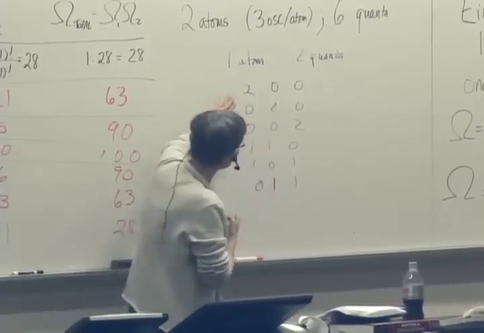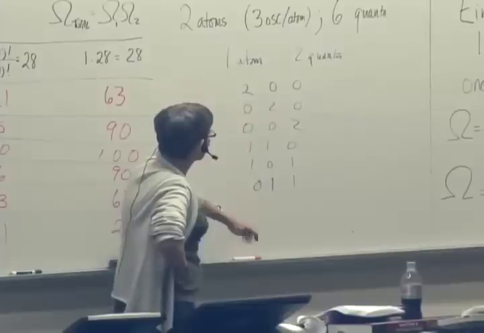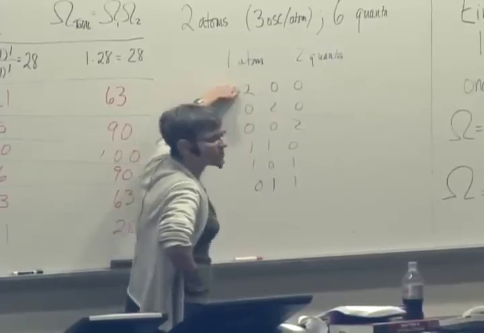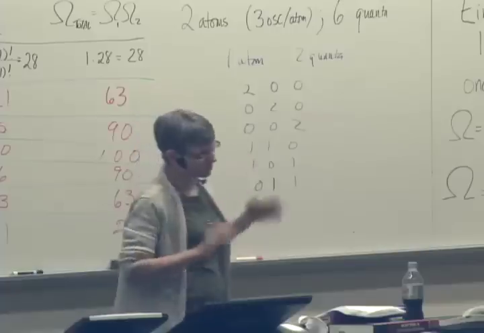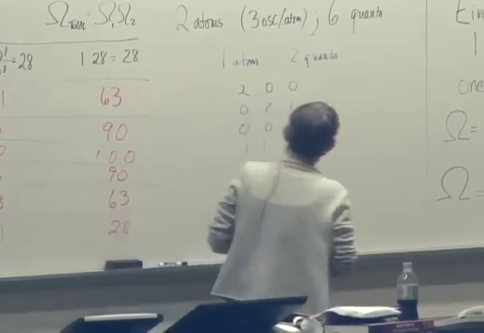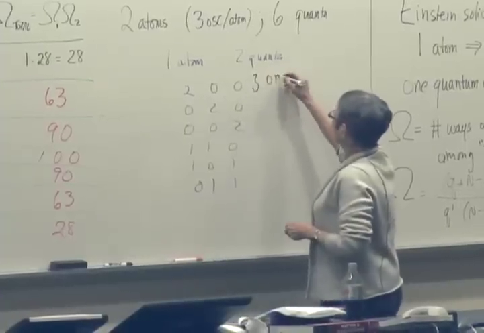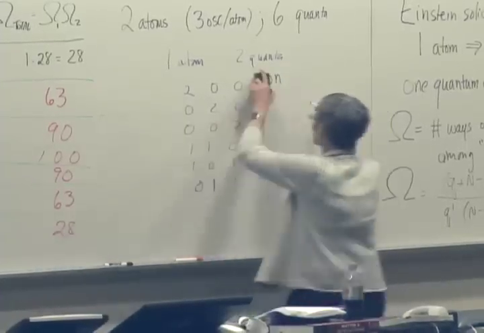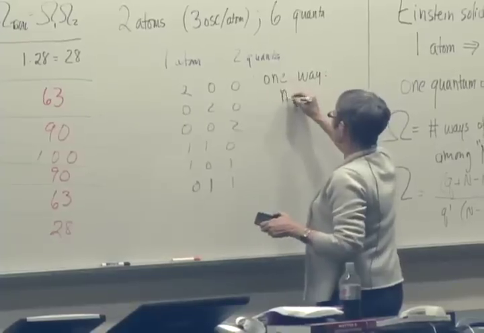And so, if you took 100 snapshots, you should find this 1/6 of the time and that 1/6 of the time, so equal probabilities. And there's some vocabulary words that go with it. One way of arranging energy is called a microstate.